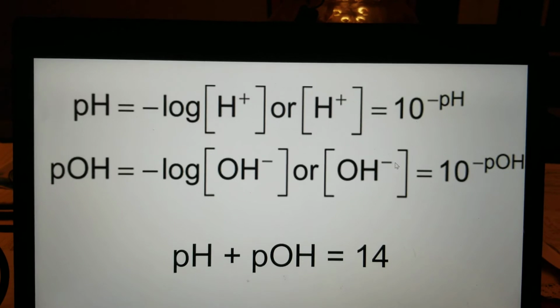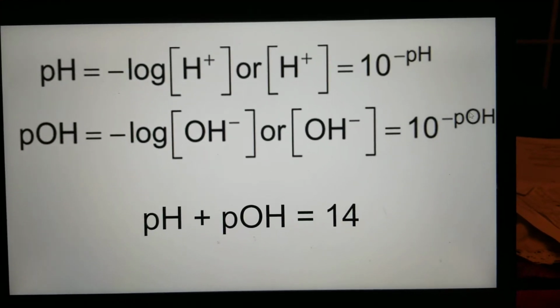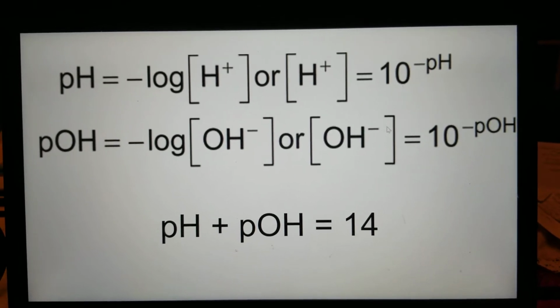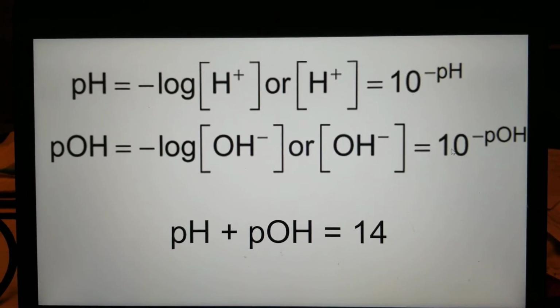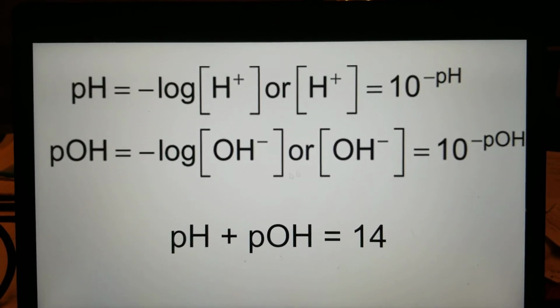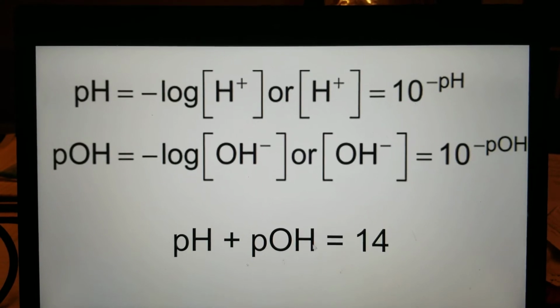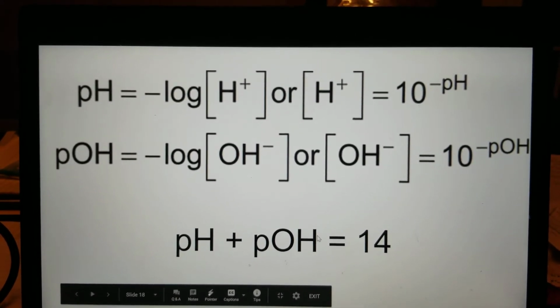Or if you know the pOH but you want the concentration of the OH minus ions, then you just put in your calculator 10 raised to the negative pOH. Also, remember, magic number 14 here: pH plus pOH will equal 14.